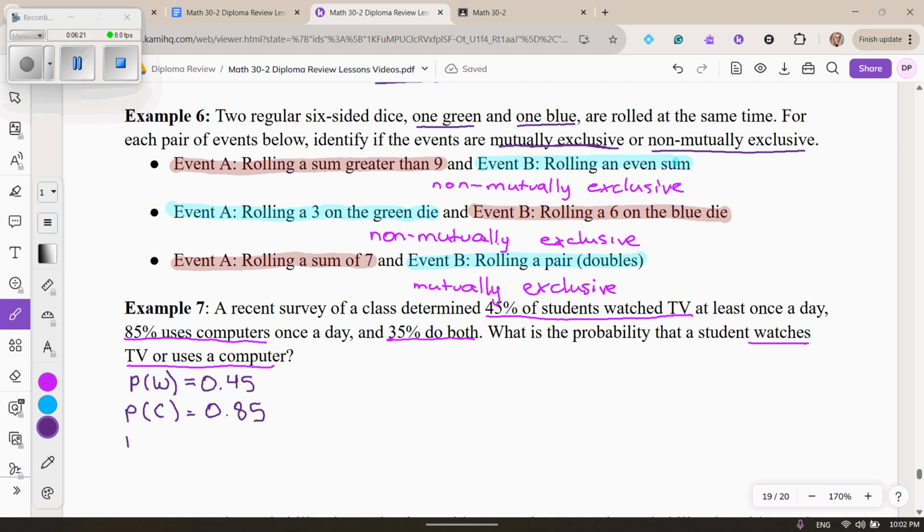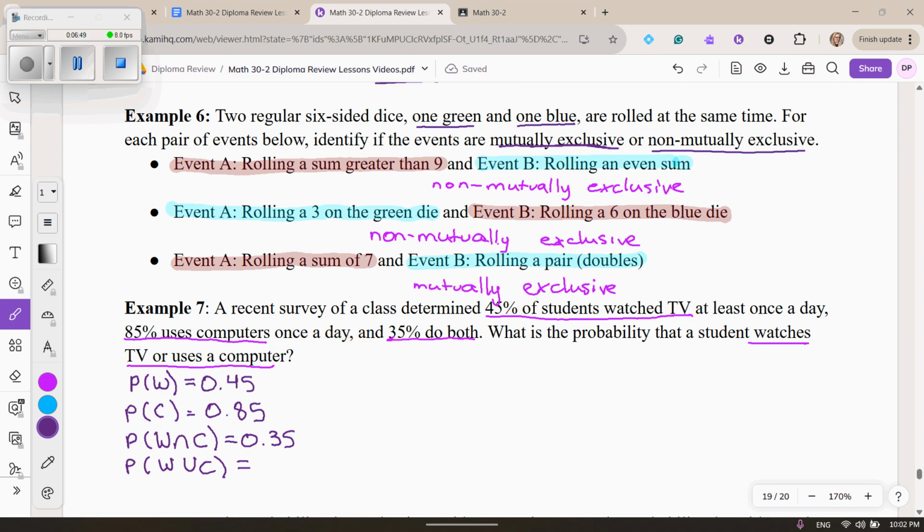The probability that they do both, so they watch TV and go on the computer, uses the intersection symbol. And what we're trying to find is the probability that they watch TV or use a computer.